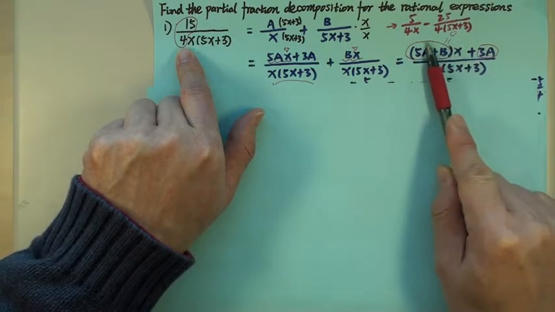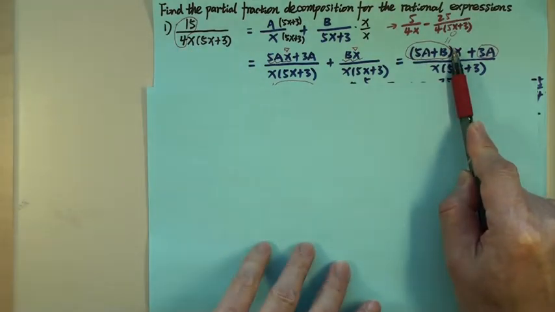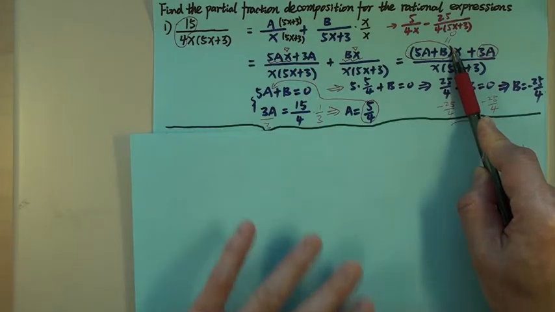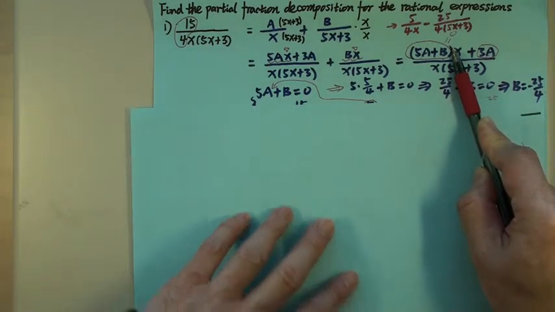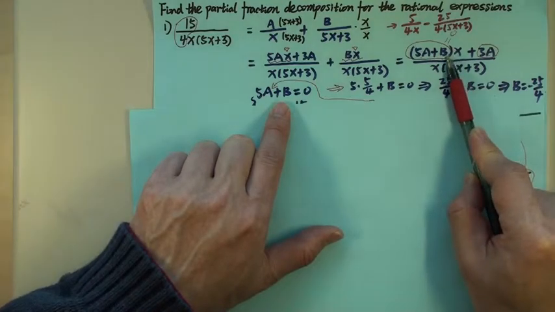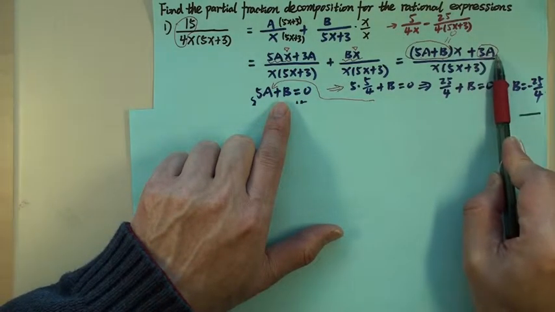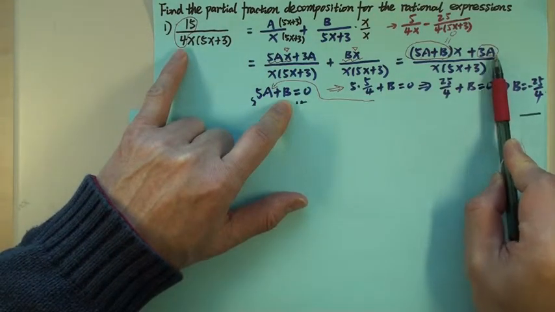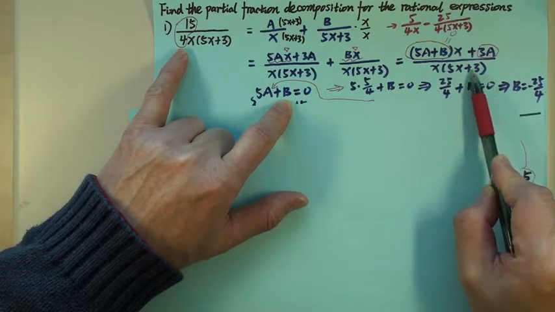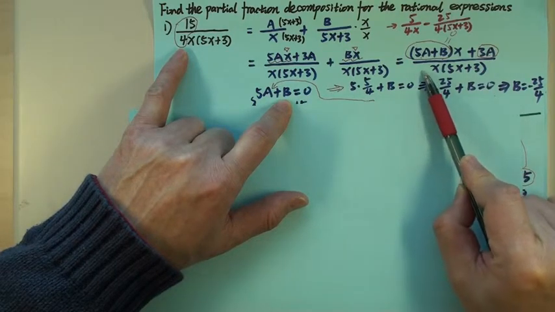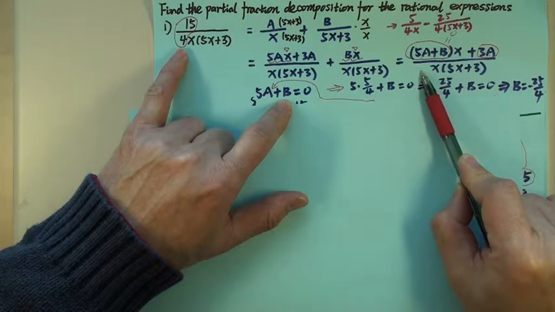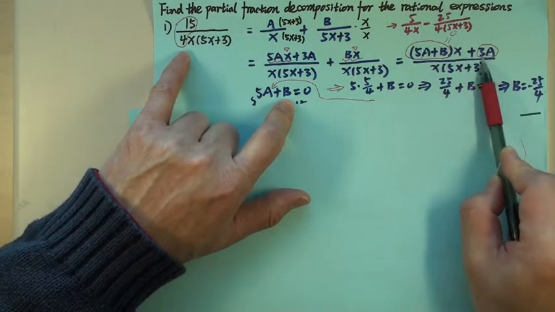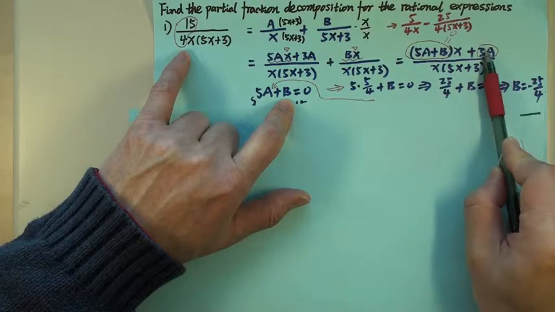So this term disappears. Basically what we get is, first, 5a plus b is 0. The second one is 3a equals 15 over 4. Remember, here we have x times 5x plus 3 without the 4.